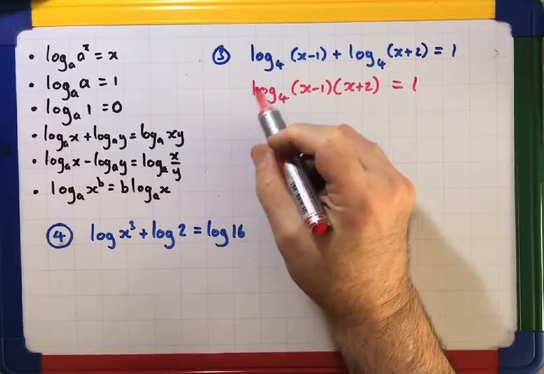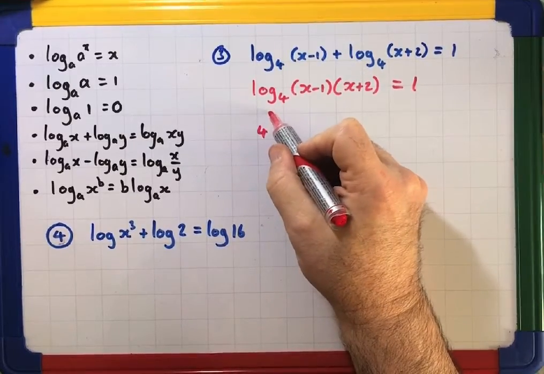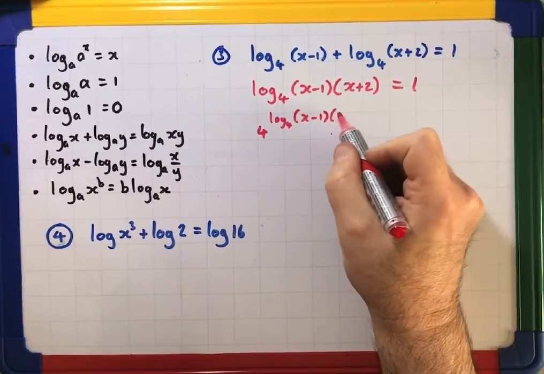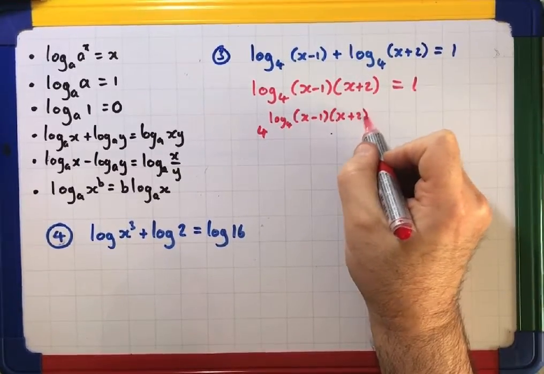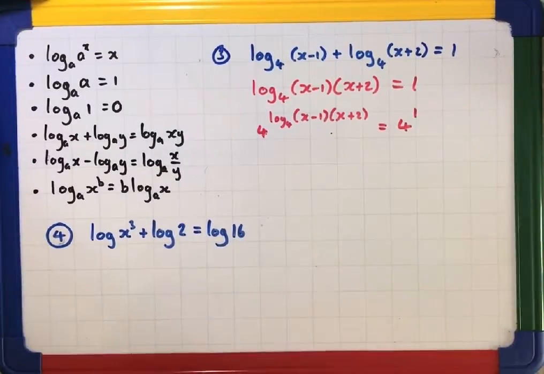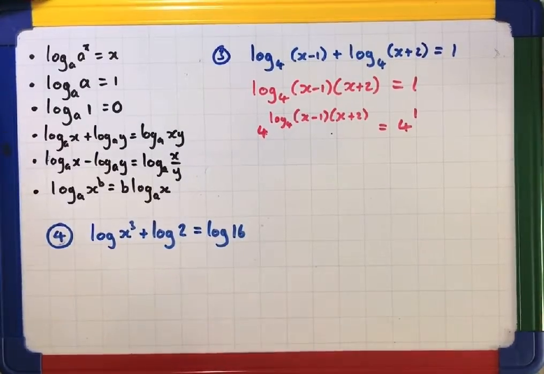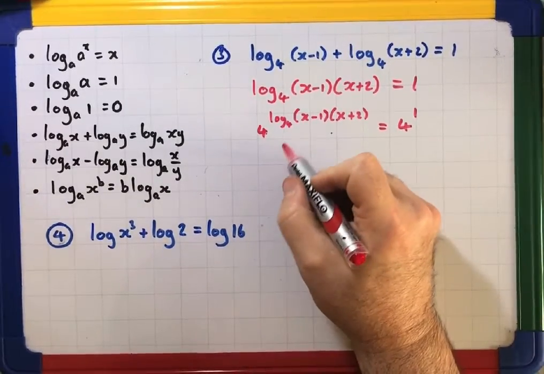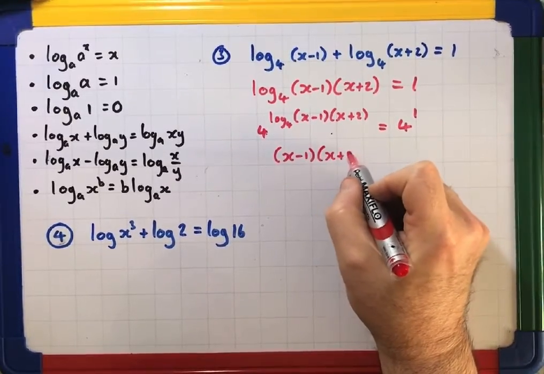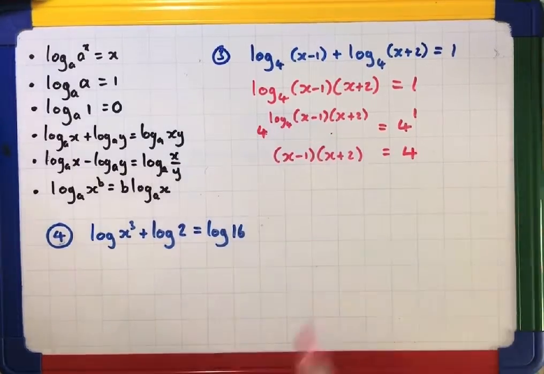Now, if you remember, if we raise both sides like this to a base of 4, we've done the same thing to both sides. Remember, 4 and log to the base 4 cancel each other out, so we will just be left with x minus 1, x plus 2, and 4 to the power 1 equals 4.